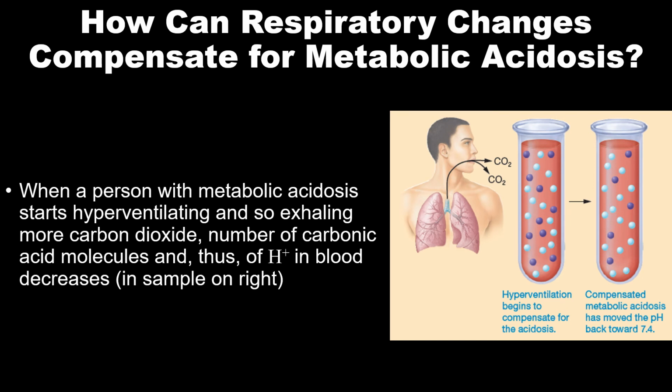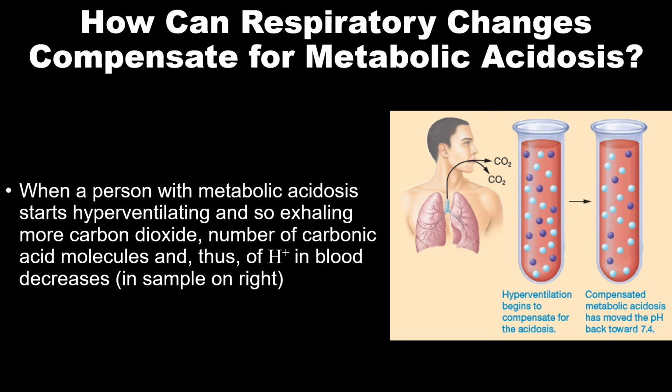Notice that the sample of blood now has 20 hydrogen ions, 15 from metabolic acids, 5 from carbonic acid. At this point, it's the same number as in the initial tube with a pH of 7.4. So we've compensated for metabolic acidosis.